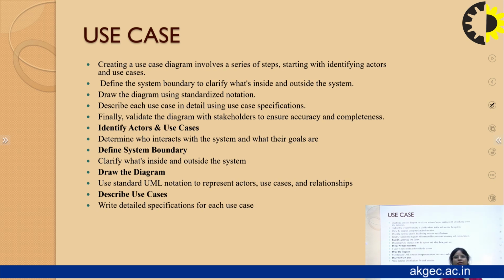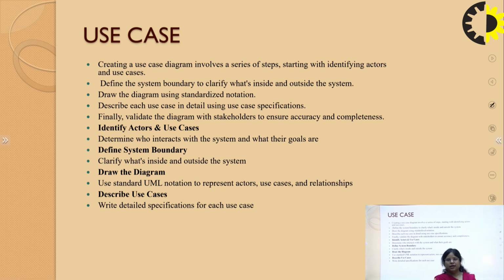For creating the use cases, we need to follow some steps. The first step for preparing the use case is to identify the actors and the use cases. These actors are not only persons; an actor can be any machine or any device which utilizes these use cases.